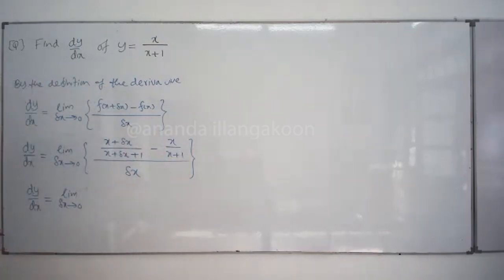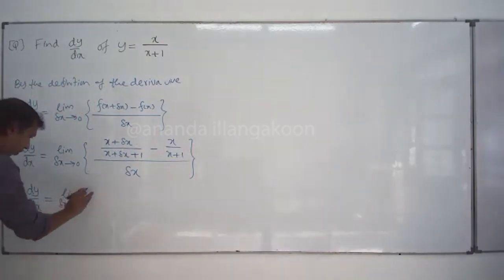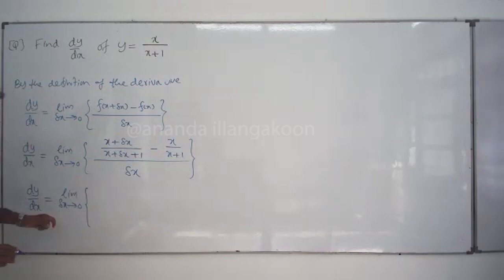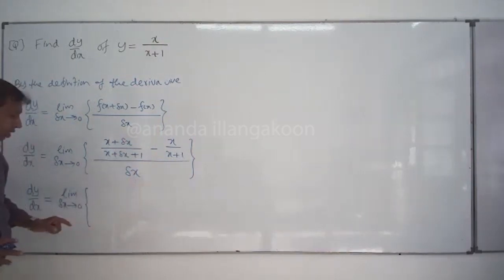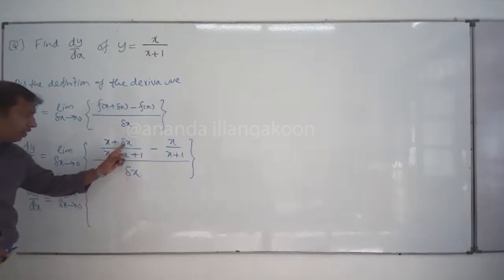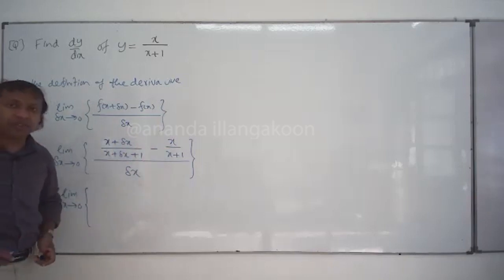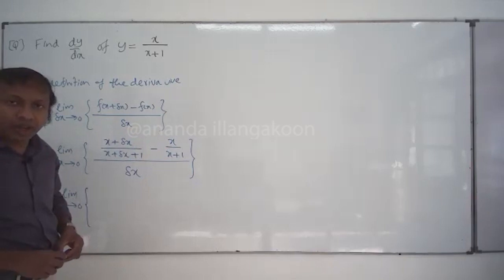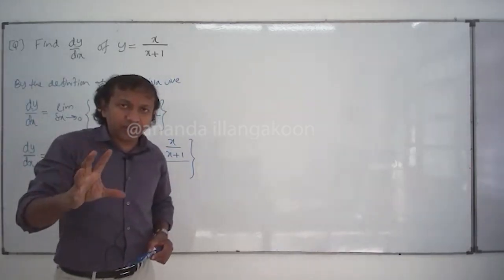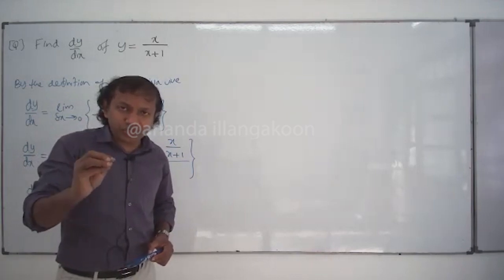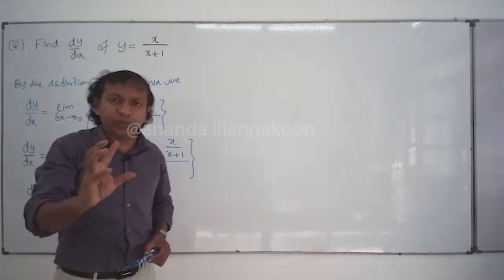Okay. Now here we do a simplification like this. People, soon after writing the definition like this, if you directly put delta x equal to 0 for every delta x, what happens, people? You will get an undefined form. In the limit lesson, we discussed how to substitute that value.